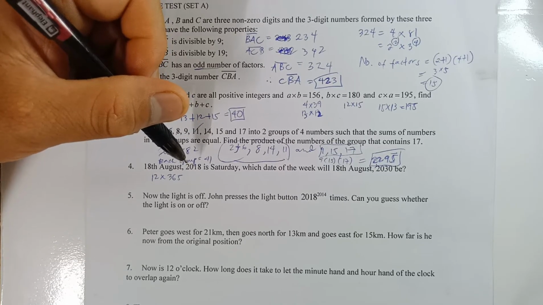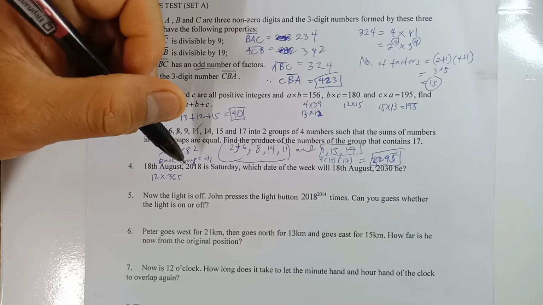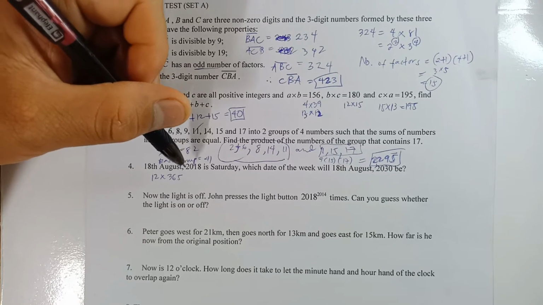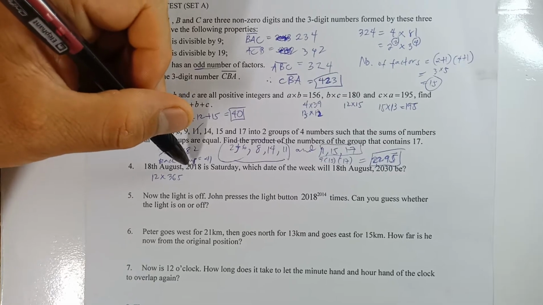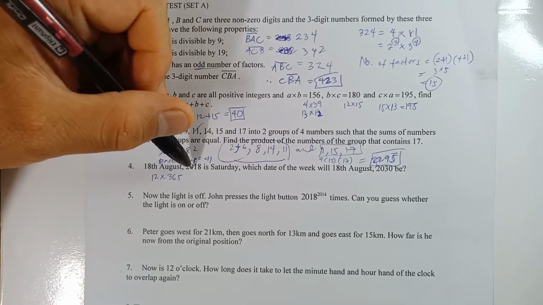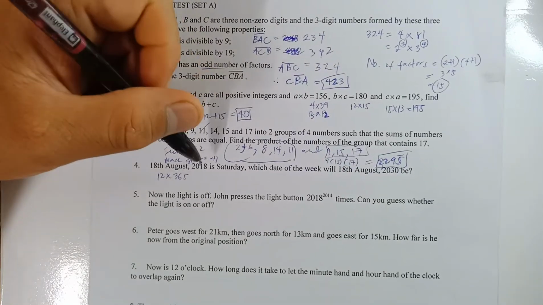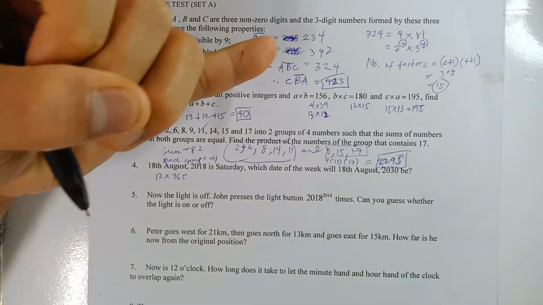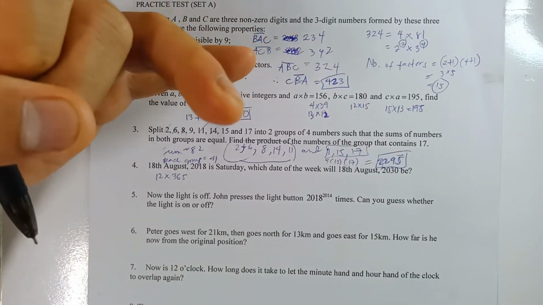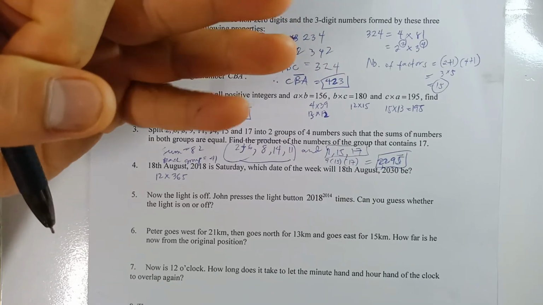The leap years start at 2000 and then occur every 4 years from the year 2000. The first leap year after 2018 is 2020, and then 2024, 2028. So that's 3 leap years.